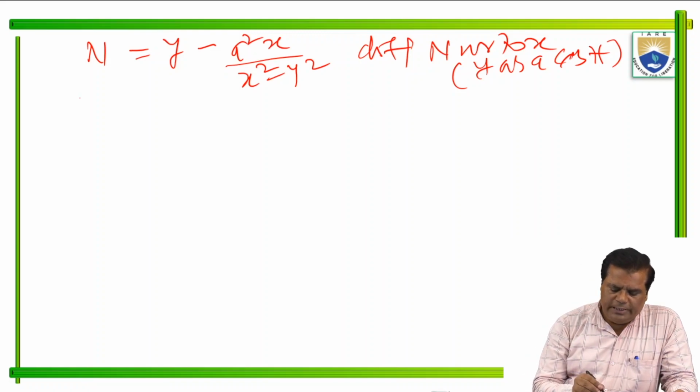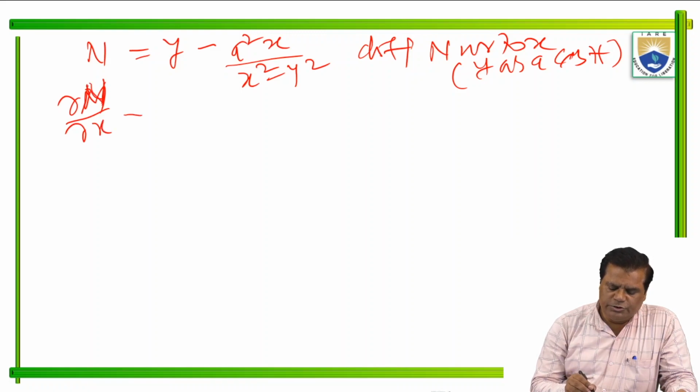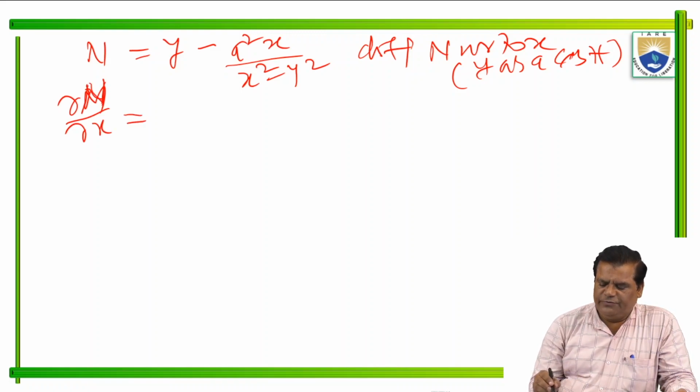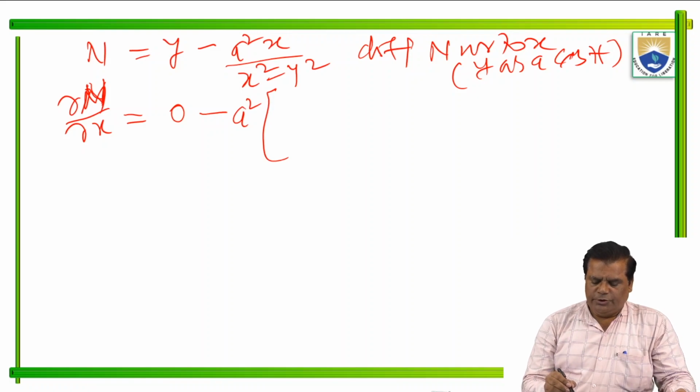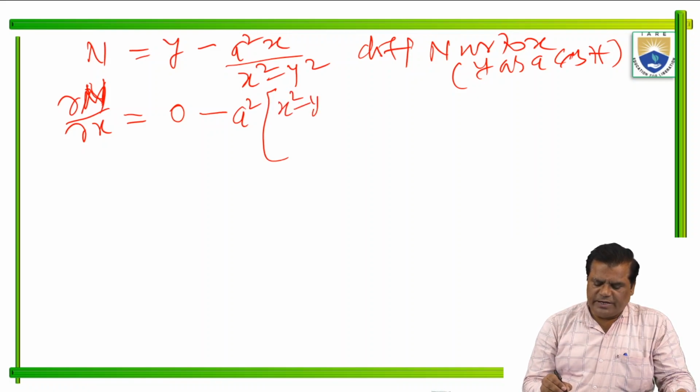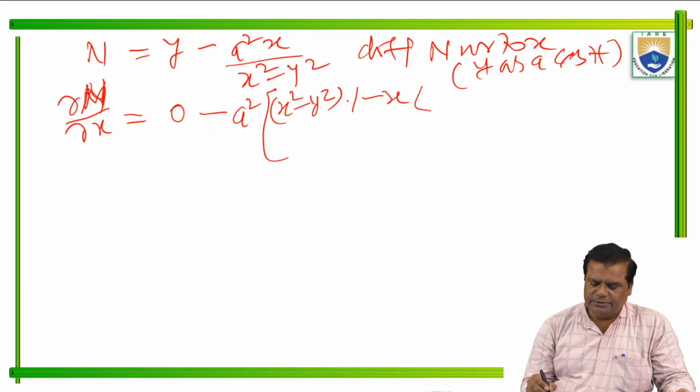So now del N over del x is equal to, differentiating with respect to x, this 0 minus a square and denominator x square minus y square, differential is 1, minus x into 2x, upon x square minus y square whole square.